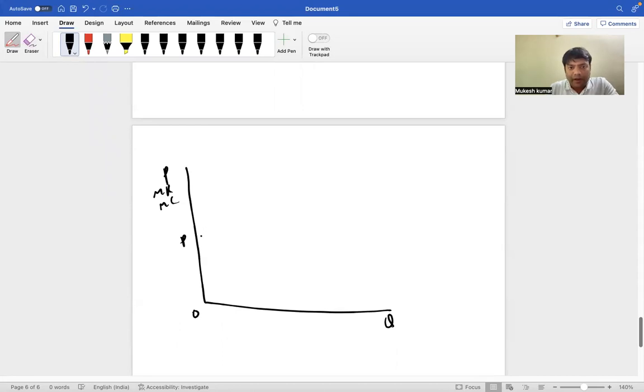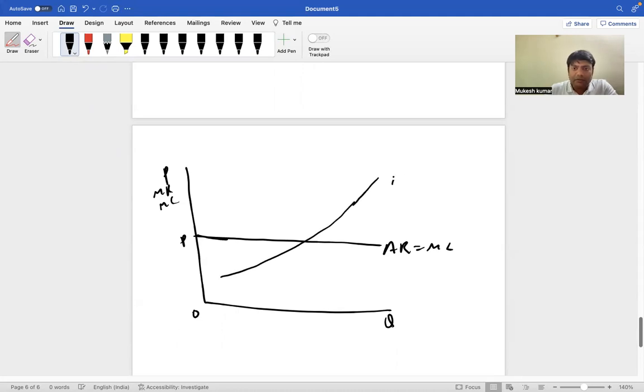The price line is this, and this price becomes equal to average revenue and marginal revenue, and suppose this is the marginal cost. So this is the equilibrium condition, and the firm, a price taker, will charge this price and produce this many units.